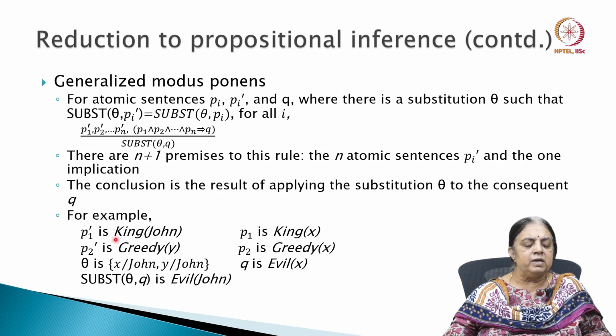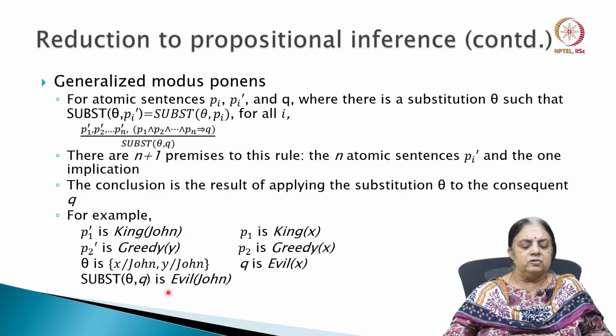For example, if I have individual facts like P1' is King John and P2' is Greedy Y, etc., and I have P1 which is King X and P2 which is Greedy X, which means King X and Greedy X, you can make the substitution X equal to John and Y equal to John, using these two sentences.